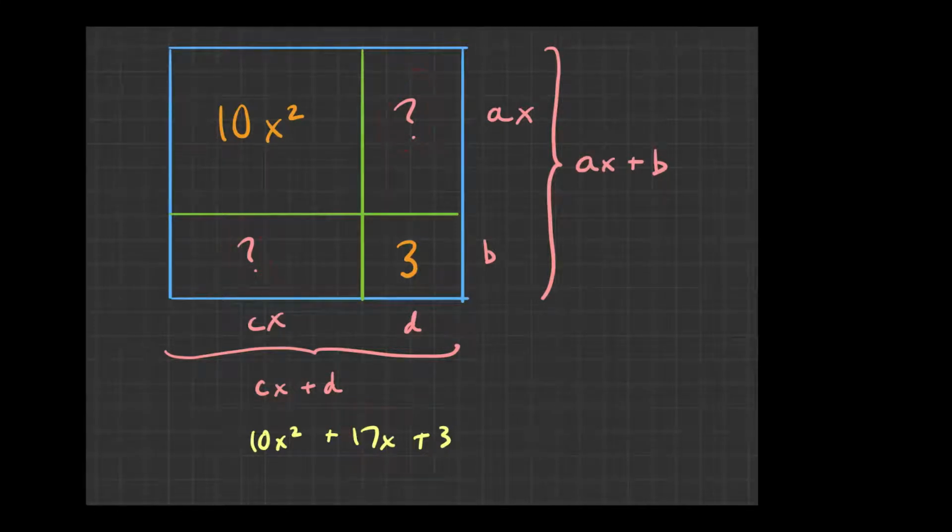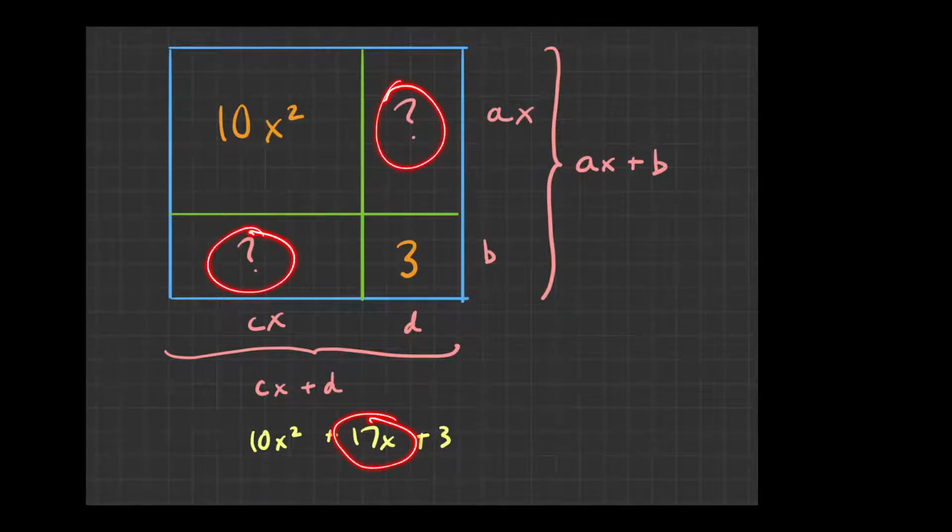So I need to know how much of this 17x goes here and how much of the 17x goes here, right? That's really all we're doing when it comes to factoring quadratics, is we're saying, okay, how much of that middle term needs to go here and how much of it needs to go here.